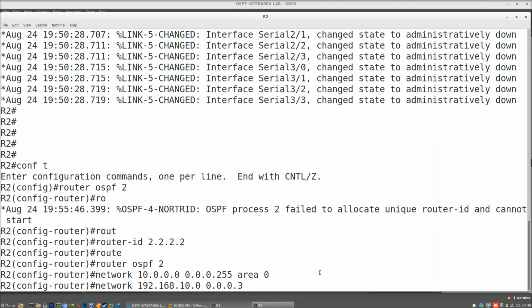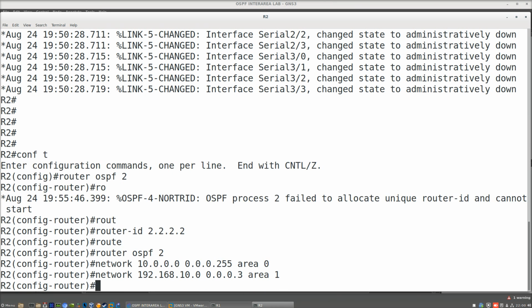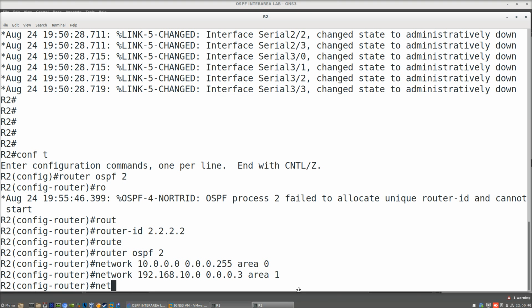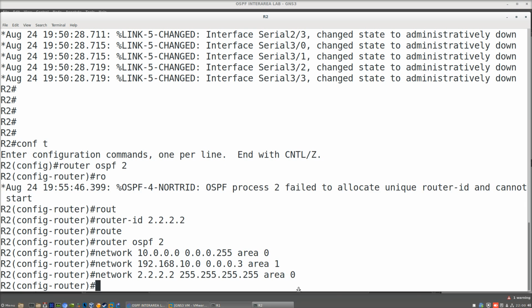And this time the area is area 1. Also we have a loopback interface, so network 2.2.2.2 with wildcard 0.0.0.0, and we can put it in area 0.